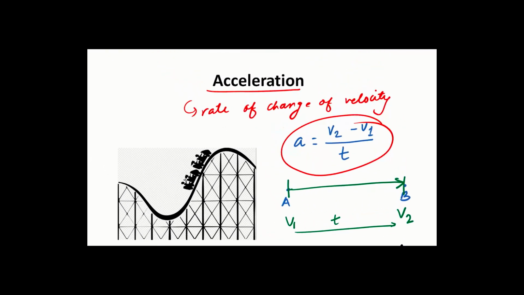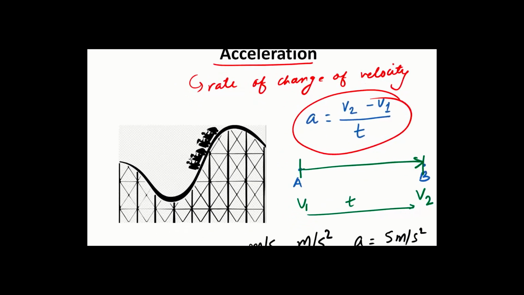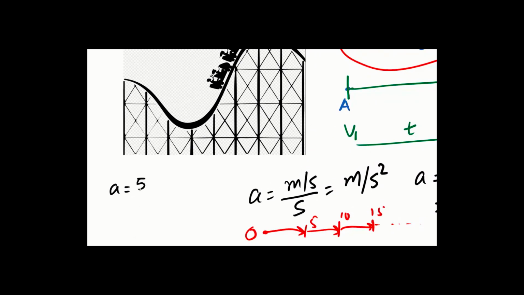So you can also assume that acceleration can also change. Let's say acceleration is something like 5 plus time. So at time t equals 0, acceleration is 5, but at t equals 1, acceleration becomes 6, right?